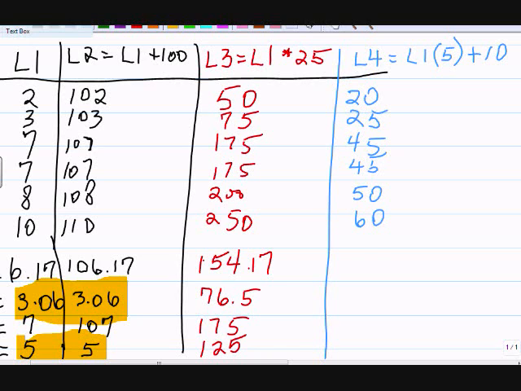Now, I don't actually need to put these in my list because I can follow a little formula here to figure out what's going to go on with the changes.